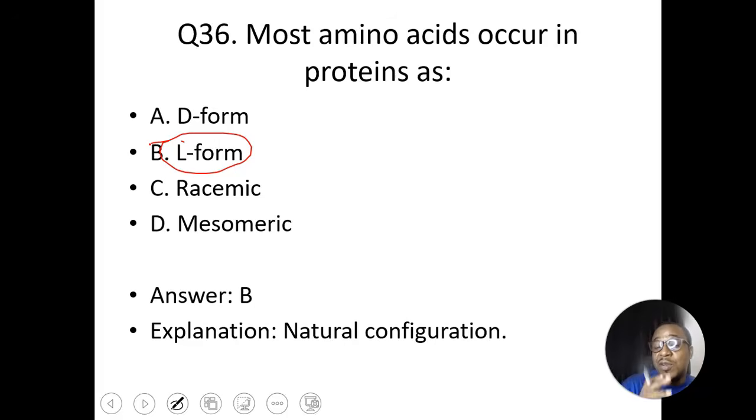It is one of the properties of the peptidoglycan cell wall that makes the bacterial cell wall not susceptible to human enzymes, like the enzymes formed in the lysosomes, because the amino acids in the peptidoglycan wall are in the D form, and our enzymes cannot recognize the D form. They only recognize the L form of amino acids. So the answer is L form.